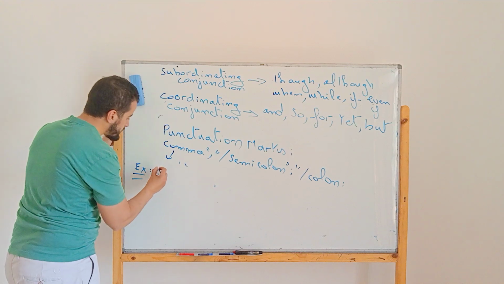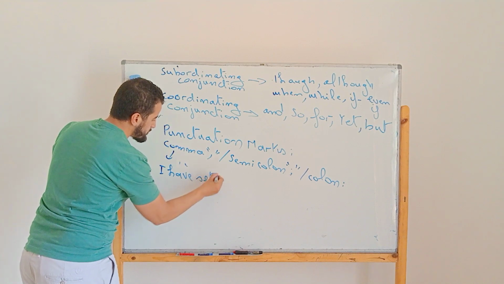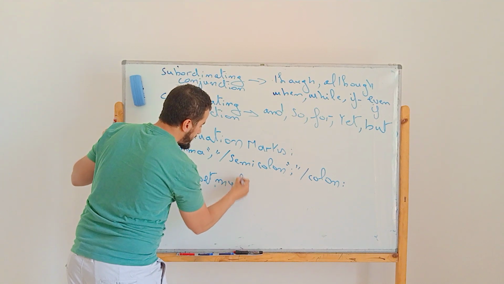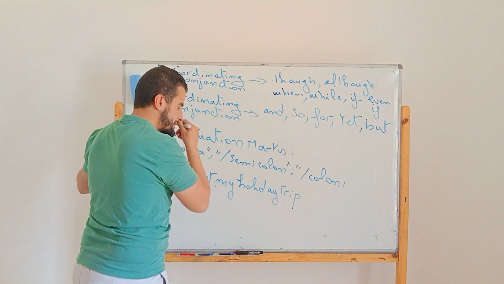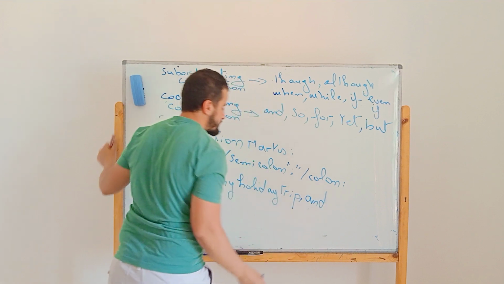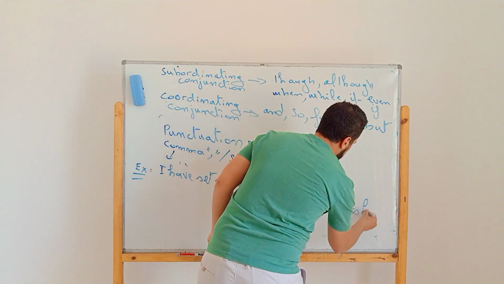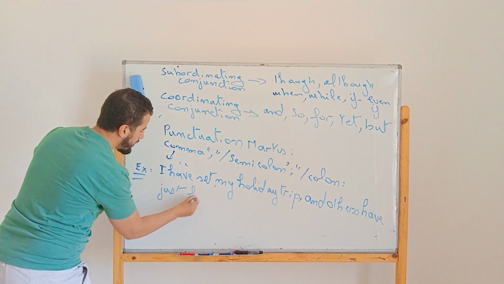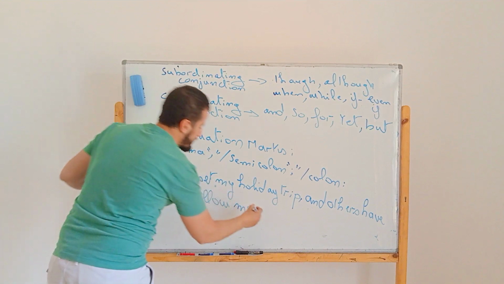For example, I have said my holiday trip. All right? And then you put a comma and others have just follow my lead or follow my actions.